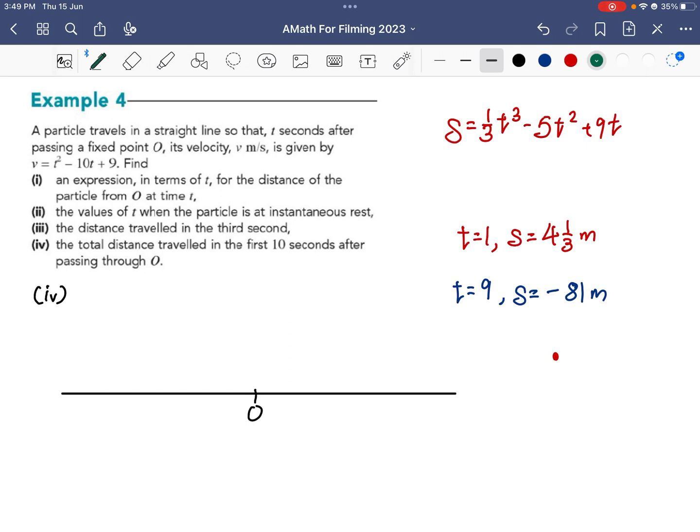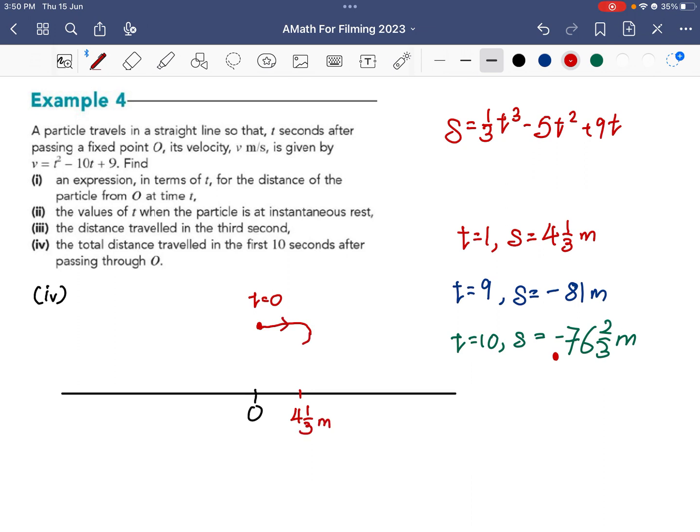Finally, at t equals to 10, I need to know where the particle is. So at t equals to 10, if I use this equation, my displacement is negative 76 and 2/3 meters. So basically, what happens here is this. My particle starts at t equals to 0, no displacement. It will travel for 1 second until here.